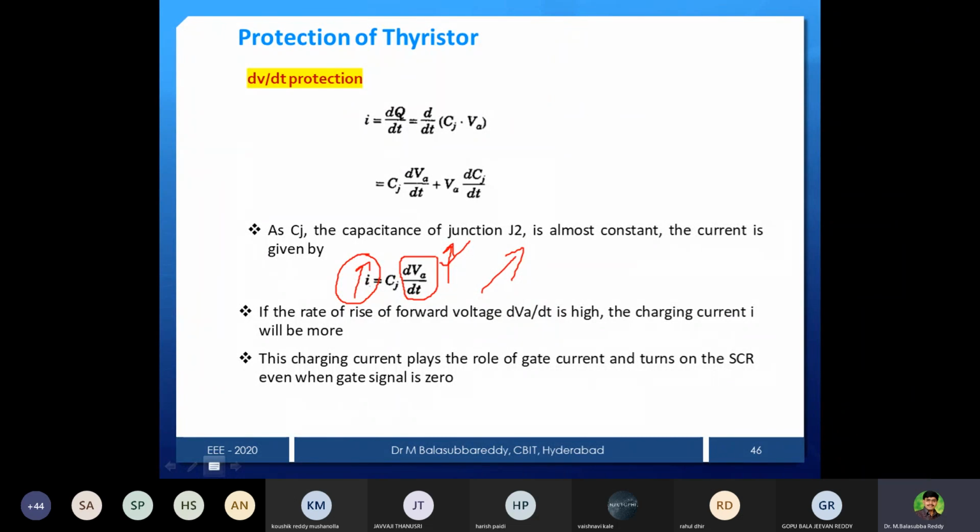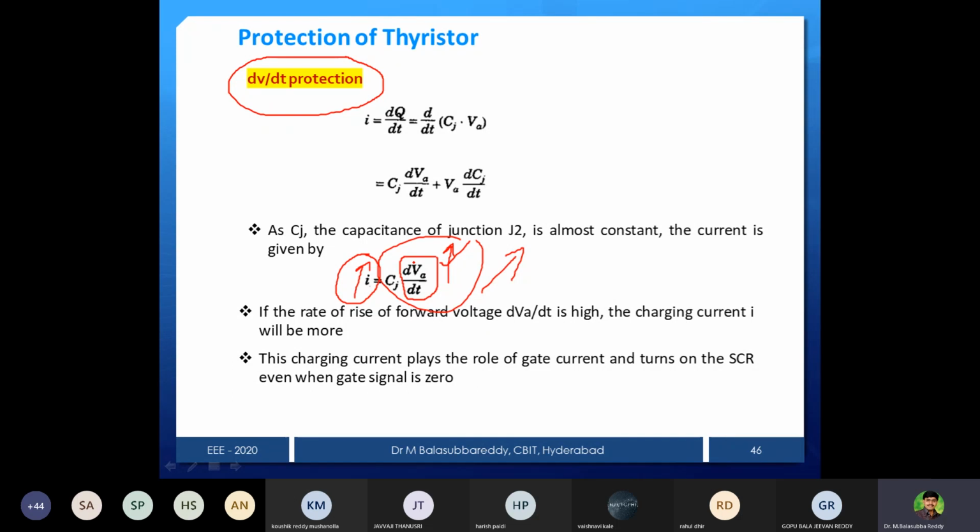But here, because of the rate of change of voltage, the device is going to trigger, and it is not in your control. So that calls for dV by dt protection. If this protection is not there, then whenever you give supply anode to cathode, the device is going to trigger if a higher voltage is applied initially, because the rate of change of voltage will be high.